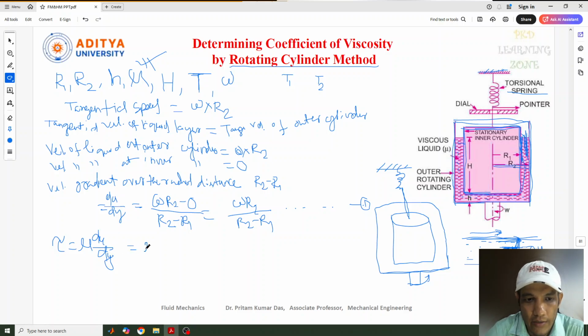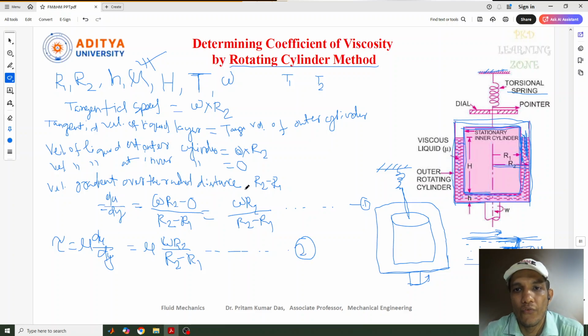I can write mu into omega r2 by r2 minus r1. This one we can call equation 2. See here, our intention is to find out the coefficient of viscosity. So these are the basic, or primary, steps of this experimental setup. From here we can identify the viscosity.